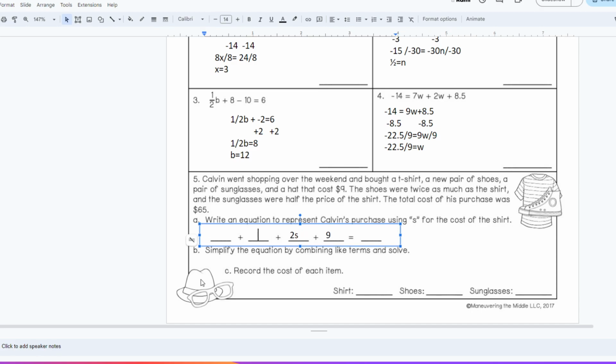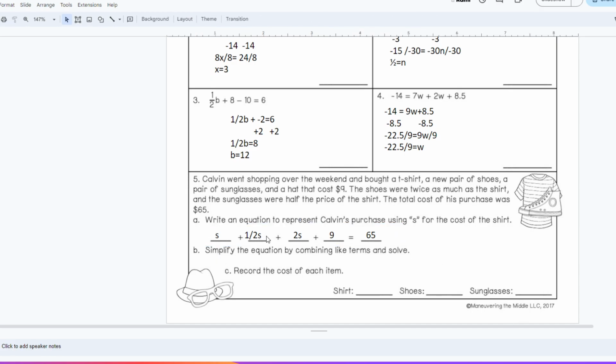So we're going to put half S for half shirt. Perfect. And then he bought a shirt. So we got S plus 1/2 S plus 2S plus 9. This equals, well, it says $65, so we're going to put in 65. Perfect. So now we're going to combine and solve.